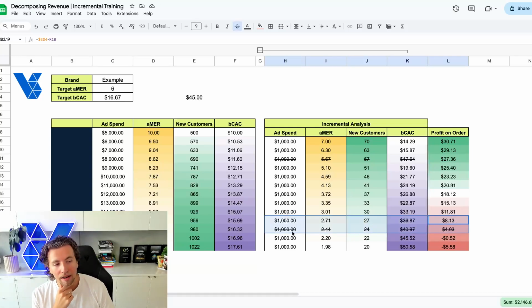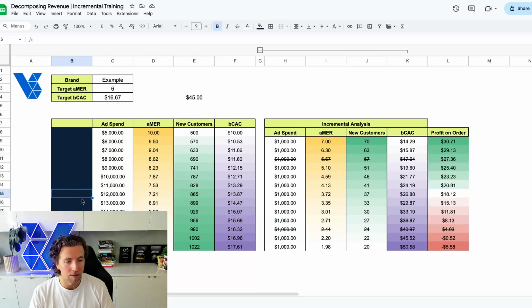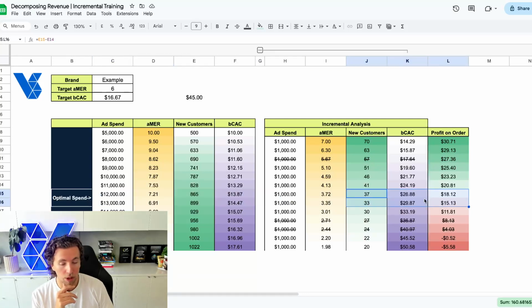And so if we apply an error margin to our profit per order as well, we probably end up landing somewhere here, to where now our adjusted optimal spend level starts to lie between 12 to 13. This is where we'd be comfortable acquiring these incremental customers, as long as we're acquiring them for this incremental blended CAC, and to where we're still actually at least guaranteed making profit on acquiring these individual customers.